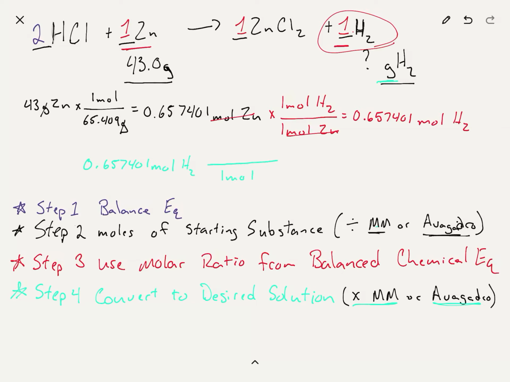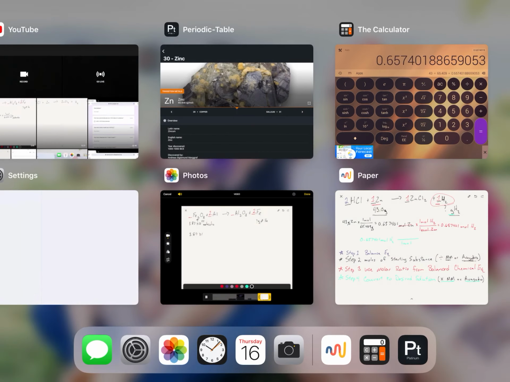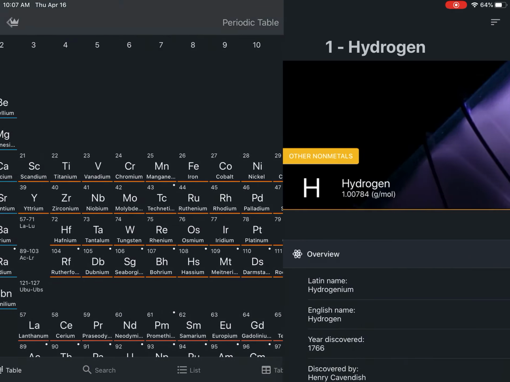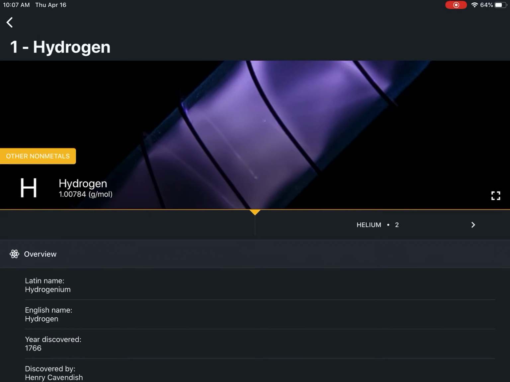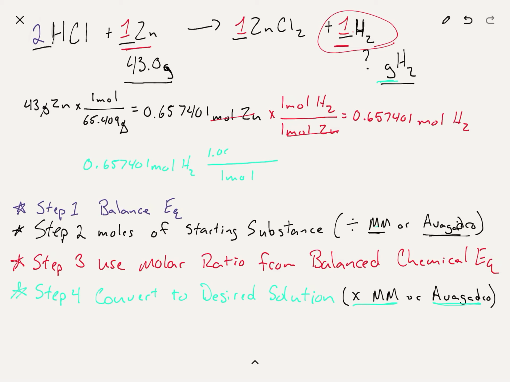We're going to multiply by the molar mass of hydrogen gas. Hydrogen is 1.00784, and we have 2 of them. That will get rid of our moles and tell us how many grams of hydrogen gas we have.